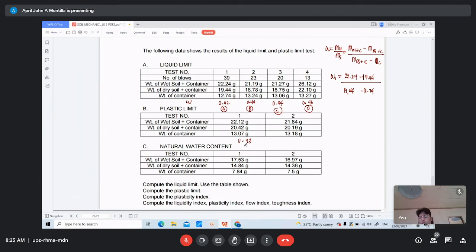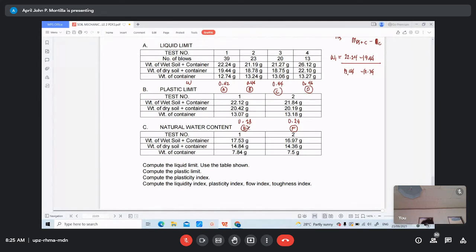And that is stored value as E. This one. 0.24. Store value as F.